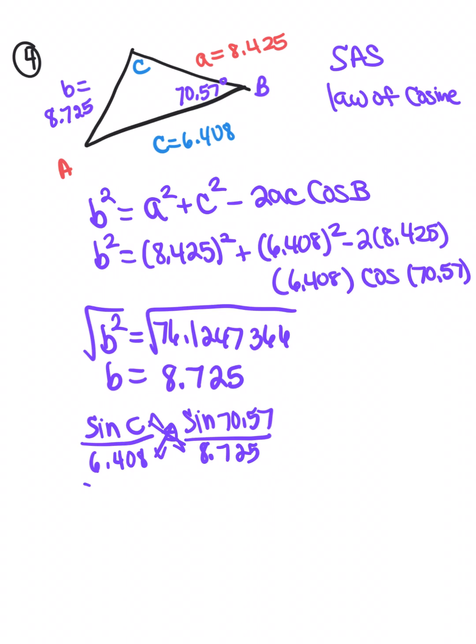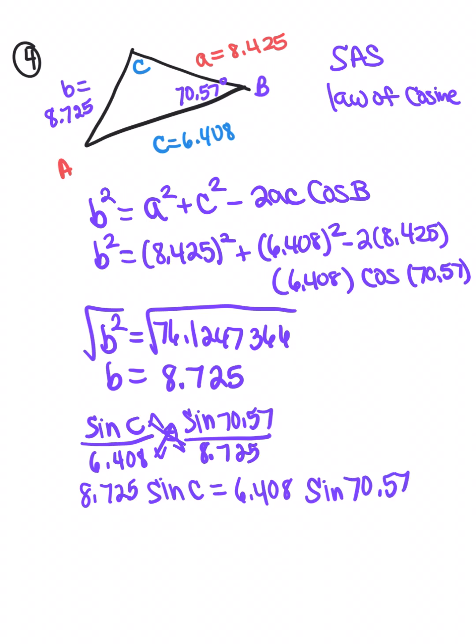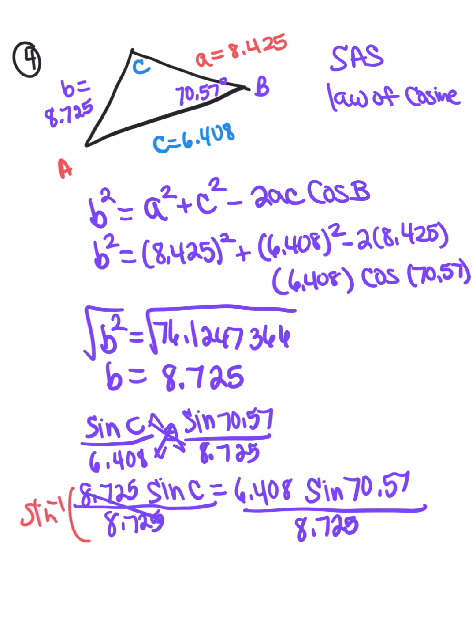So we have 8.725 sine of C is equal to 6.408 sine of 70.57. We're going to divide by 8.725 on both sides. And then we're going to take the inverse sine of both sides to solve for C.